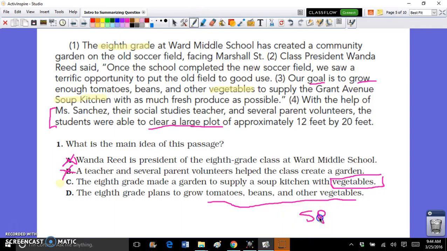You don't need to name all of the specific vegetables. You could just use the term vegetables in the central idea or summary. And answer choice C takes into account that they're going to be donating to the soup kitchen, whereas answer choice D doesn't. So I'm going to eliminate D and say that C is the central idea.